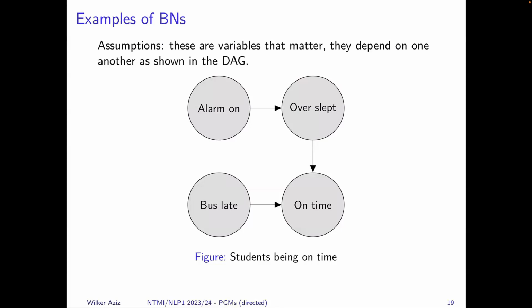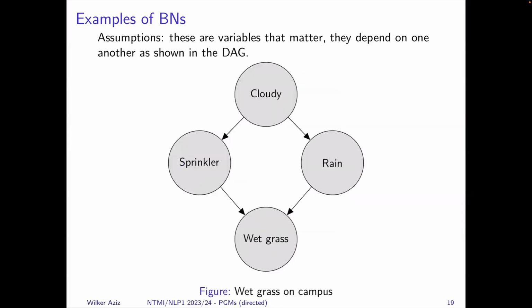So for example, I think that whether or not I oversleep in the morning depends essentially only on my alarm being on. And whether or not I'm on time for a class then depends only on whether I overslept and whether or not the bus was late. Many other things could have played a role, but I'm choosing to ignore those.